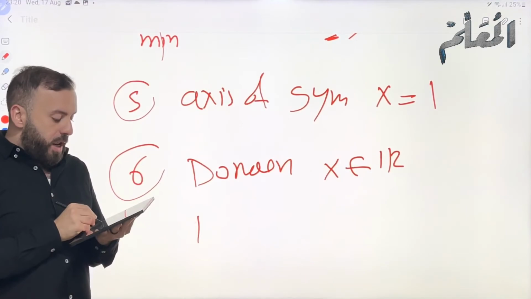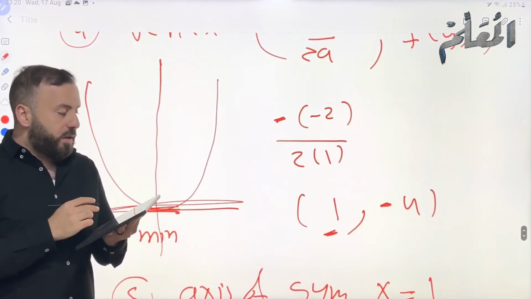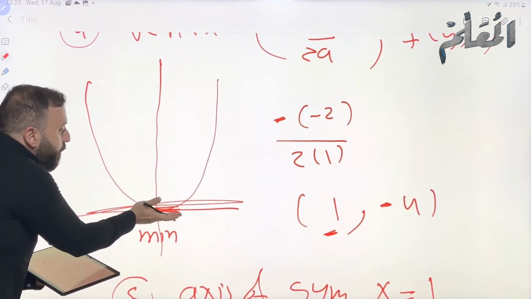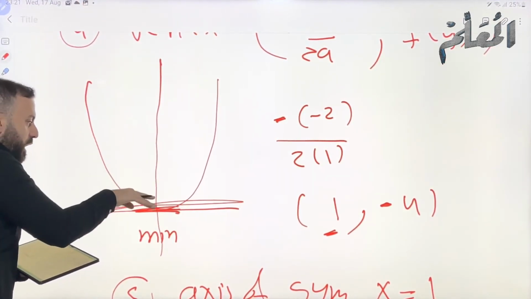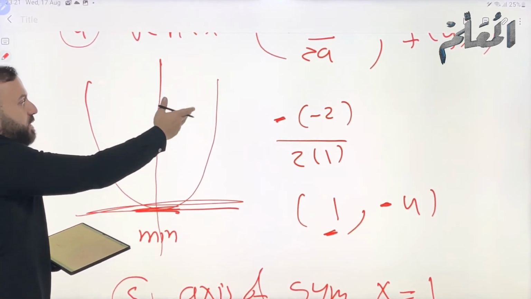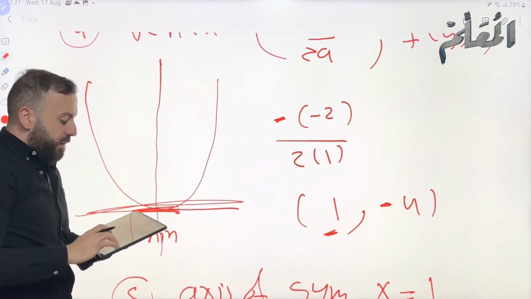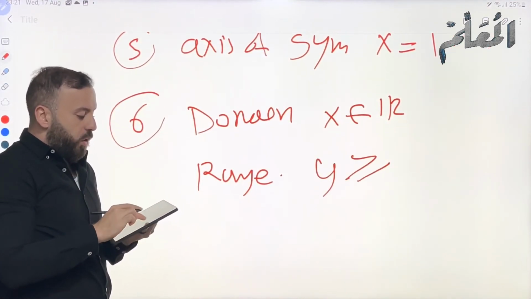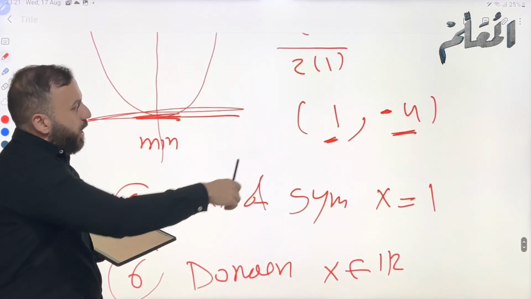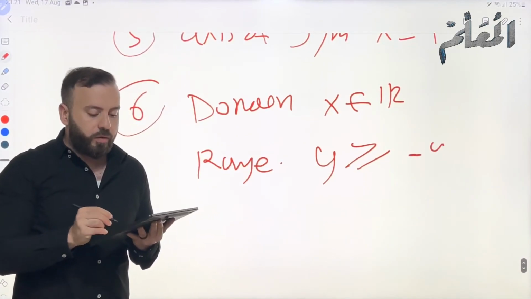And the range: since this is the vertex, the range starts from the vertex and goes up. If the parabola were downward, it would start from the vertex and go down. But since the parabola is upward, I start from the vertex and go up. In this case, the range is y greater than or equal to the y coordinate of the vertex, which is negative 4.